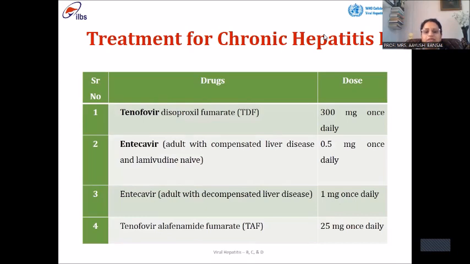Entecavir, for adults with compensated liver disease and lamivudine, is given in a dose of 0.5 mg once daily. Entecavir, for adults with decompensated liver disease, the dose will be 1 mg once daily. Tenofovir alafenamide fumarate, TAF, is given 25 mg once daily.